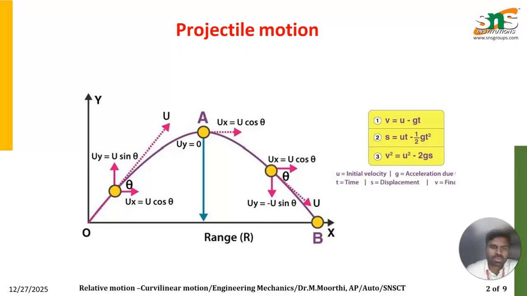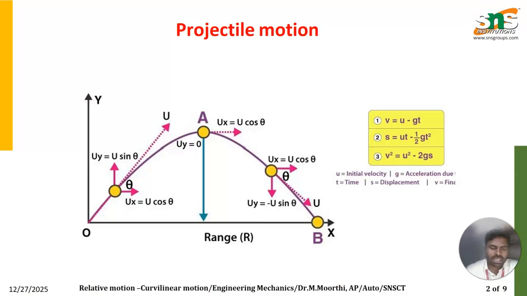So this object is projected with the initial velocity u at an angle of theta. It reaches the maximum height at point A, and again hits the target at point B.